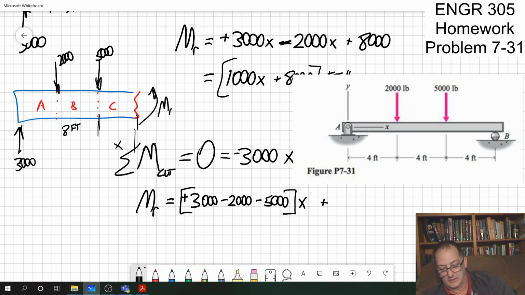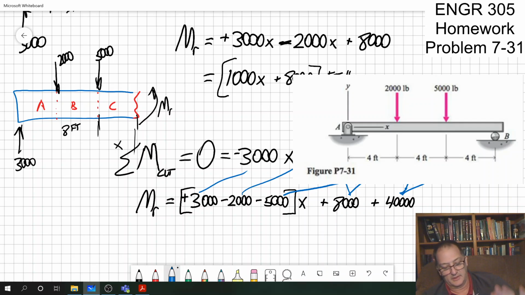Plus an 8,000 plus a 40,000. Because that's this term, this term comes from there, and that term comes from there, and this term comes from there, and that term, you got that.